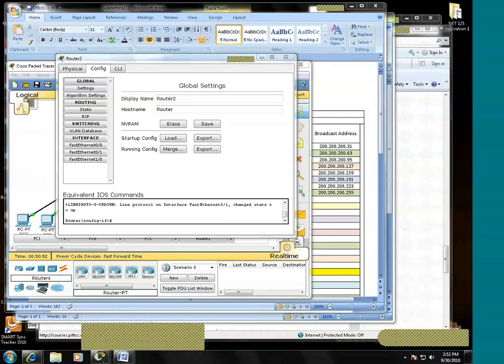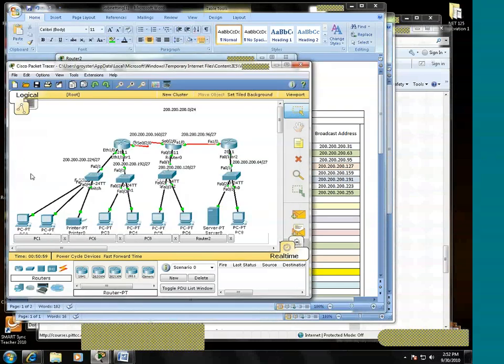Let's say that we've concluded that at maximum on any of these subnets we can have no more than 30 hosts. Let's imagine that we have a network in the future that requires more than 30 hosts. We're going to have to do something different. That's when we'll get into variable length subnet math.